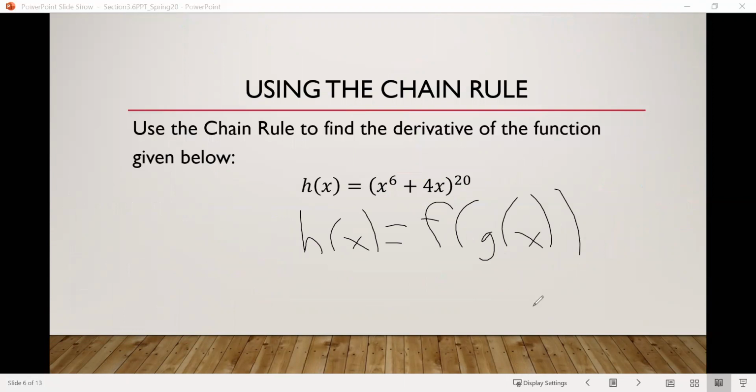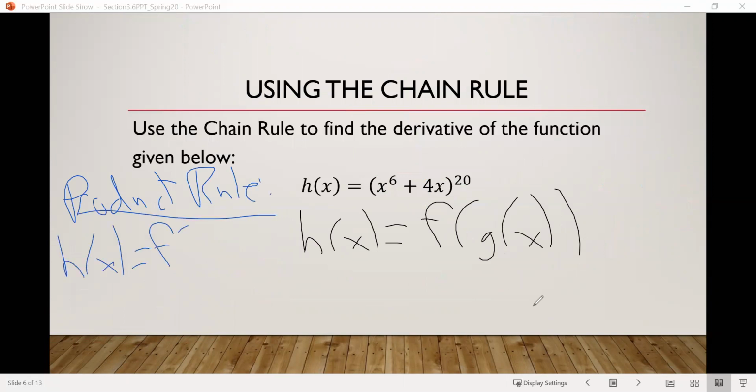The product rule, as its name says, means we have to have two functions being multiplied. So we need to have something like h of x equals f of x times g of x. Okay? So when you're trying to figure out which of these rules do I need to use, ask yourself, do I have two functions being multiplied or do I have a function within a function?